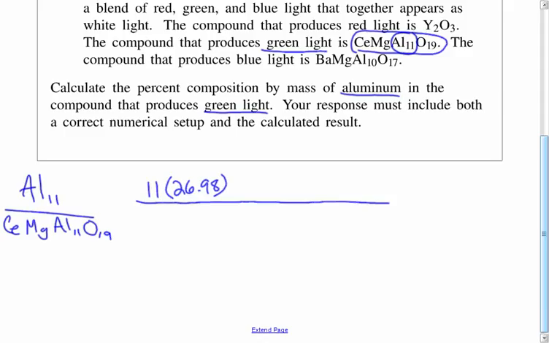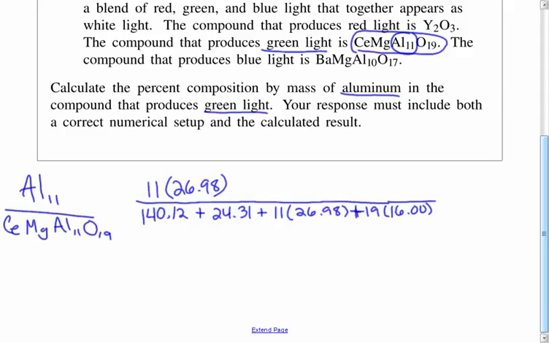For Ce, we get 140.12. Mg, we get 24.31. We have our 11 aluminums again and 19 oxygens. So we have quite a bit to add together there.